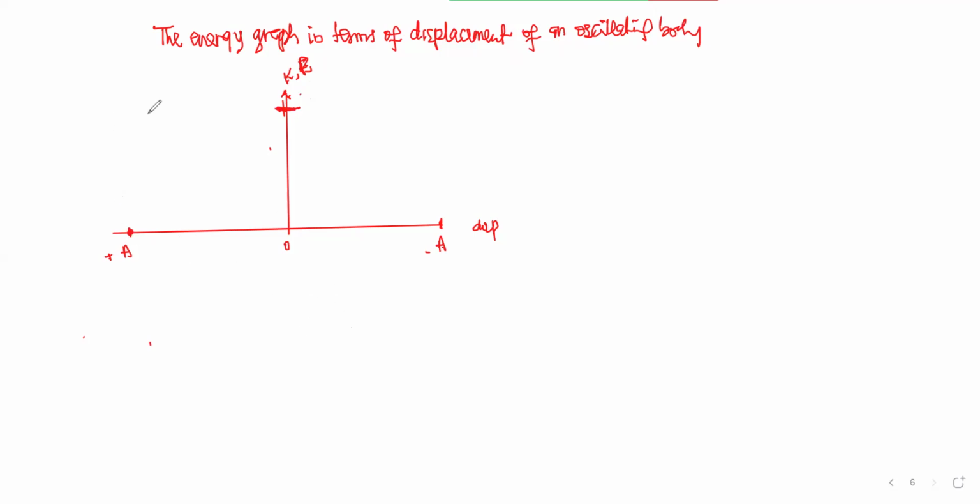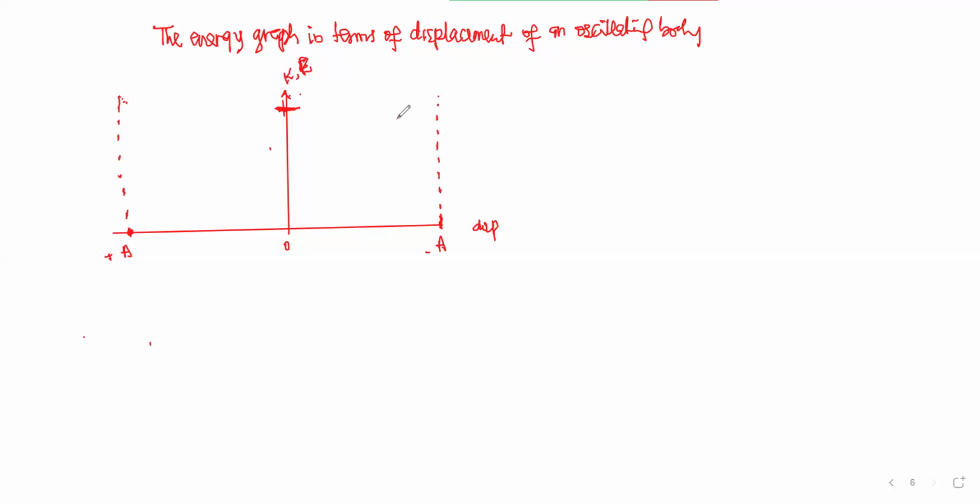Now, if we are starting from one extreme, at the extremes, which of the energy is maximum? Class, at the extremes, which of the two energy is maximum? Potential energy.